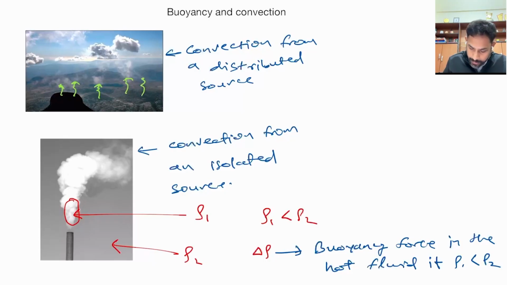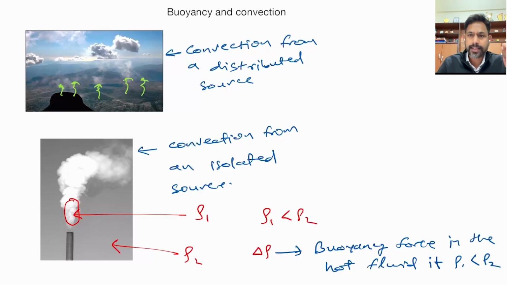This is because the ground is getting warmed up, and that is slowly warming up the air that is in touch with the ground. And when the air gets warmed up or heated up, the density of that lower layer air becomes smaller than the density of the surrounding air, or density above it.